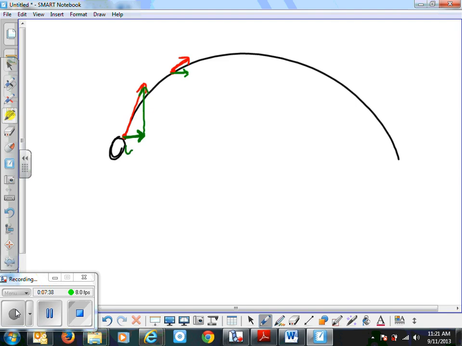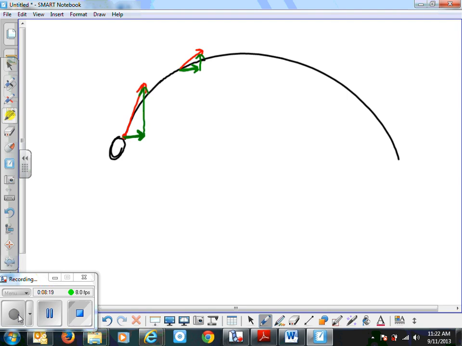So this and this should both be the same value, because there's no acceleration in the x direction. Picture may have adjusted there, but the x value is still the same throughout, but the y has changed.